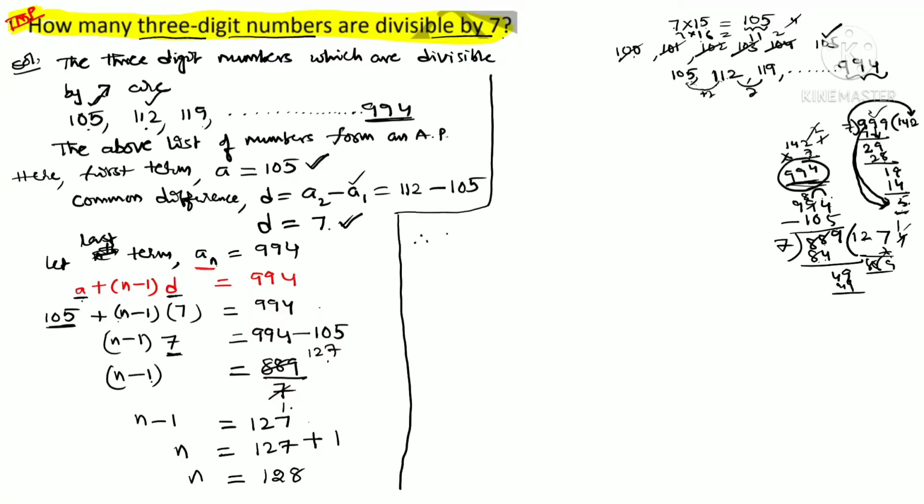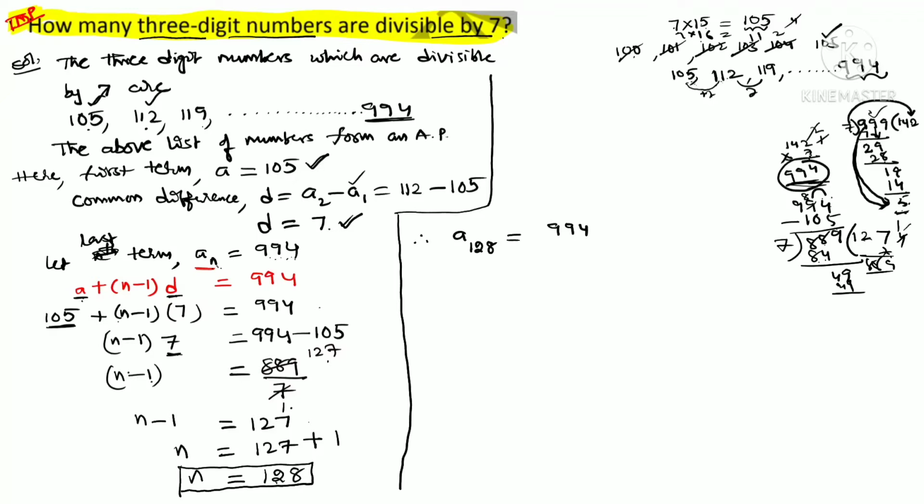Therefore, this 994 is the 128th term. Actually, instead of n, if you substitute 128, a128 is 994. n is equal to 128. So you can write a128 is equal to 994.